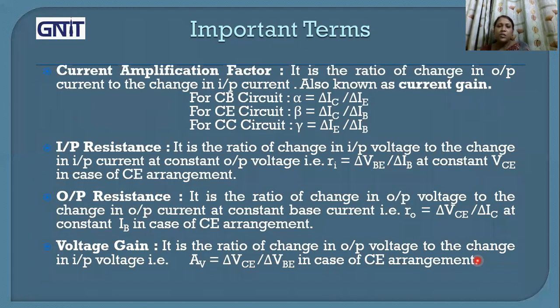Input resistance is Ri equals VBE by IB at constant VCE. Output resistance is RO equals VCE by IC at constant IB. And voltage gain is the ratio of output voltage to input voltage, that is AV equals del VCE by del VBE in case of the CE arrangement.